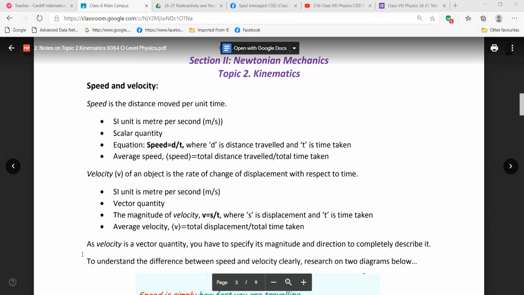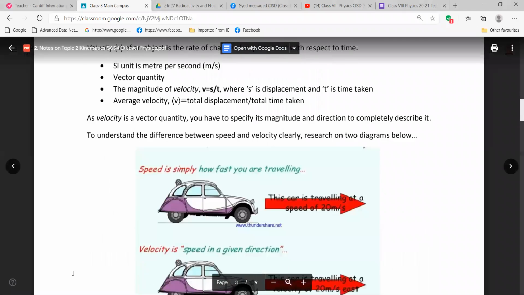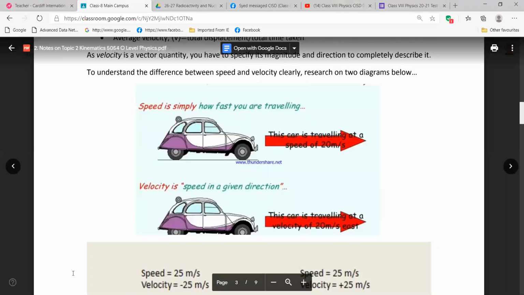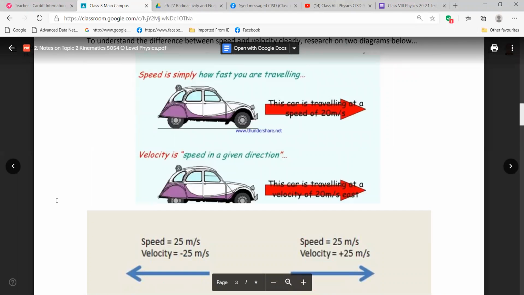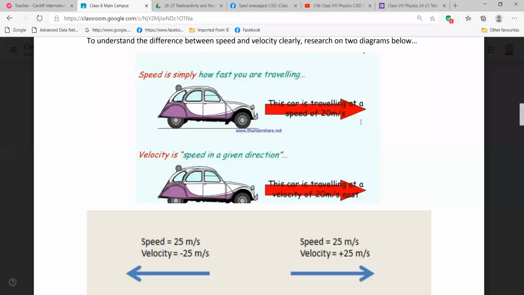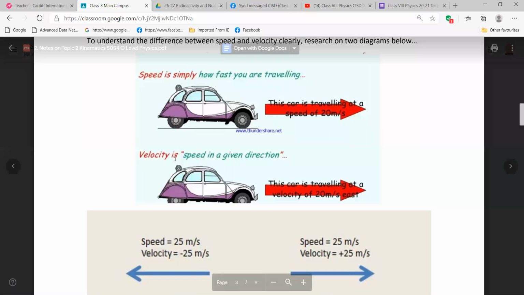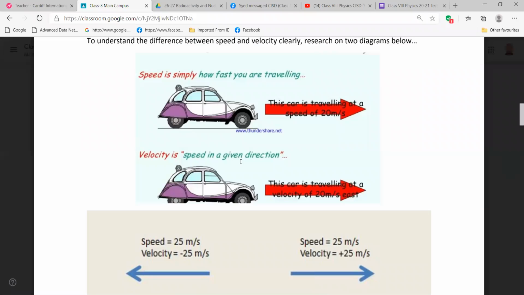Now for understanding the difference between speed and velocity, we are showing one diagram here. You see, speed is simply how fast you are traveling. The car is traveling at a speed of 20 meter per second. Velocity is speed in a given direction.